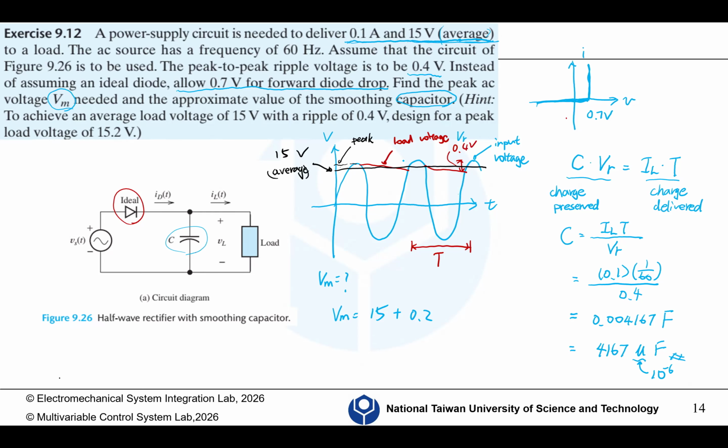So to estimate this peak, just 15 plus 0.2. And then, because when it is under forward bias we need to allow a 0.7 volt voltage drop, we need to add 0.7, because it will be deducted when the diode is on. So which means Vm is 16.6 volts for this circuit. Okay, so we have two answers.